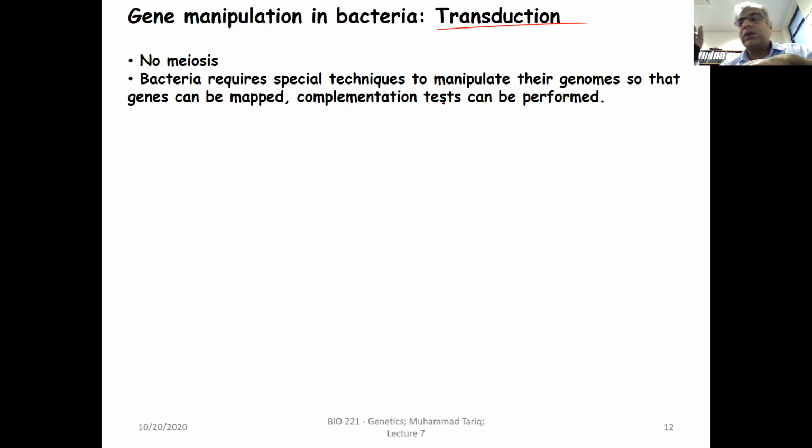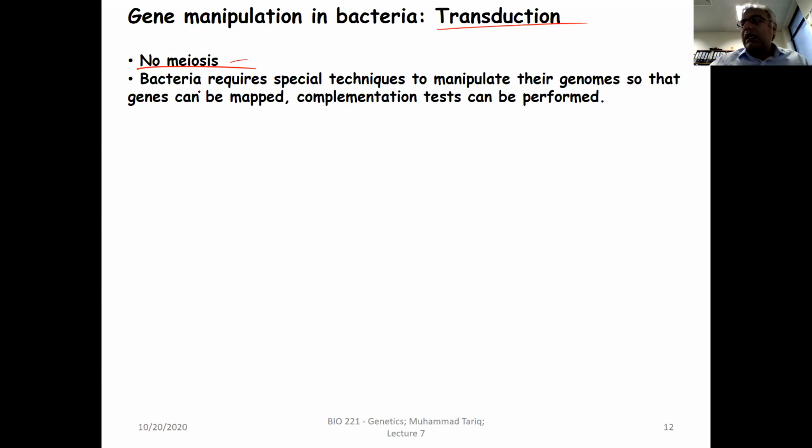although it's actually the bacterial own genome. A similar kind of strategy is used with phages, because the absence of meiosis in bacteria is a problem for conventional genetic analysis, which we normally do in eukaryotes.